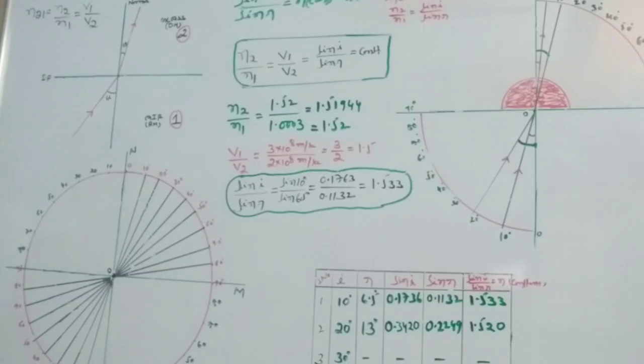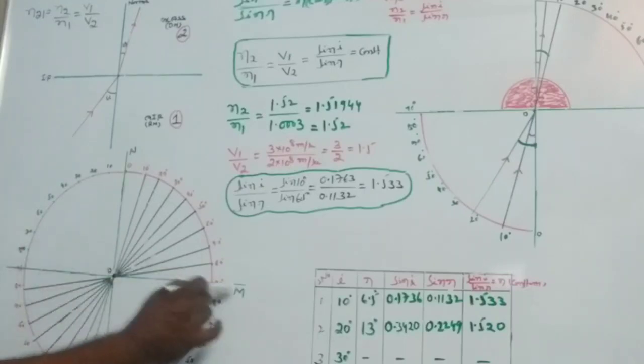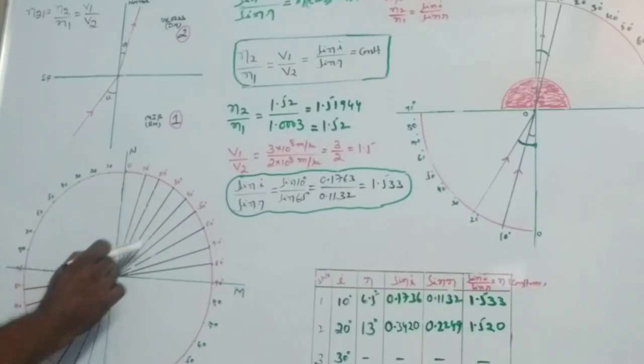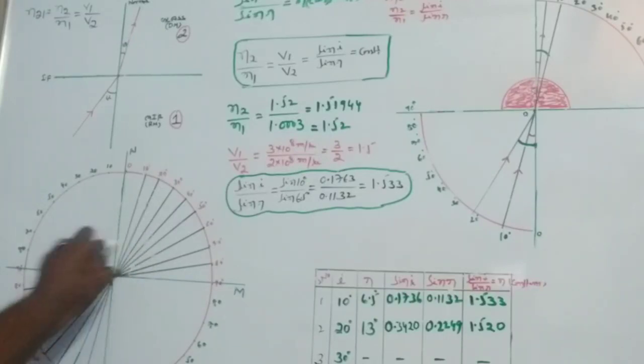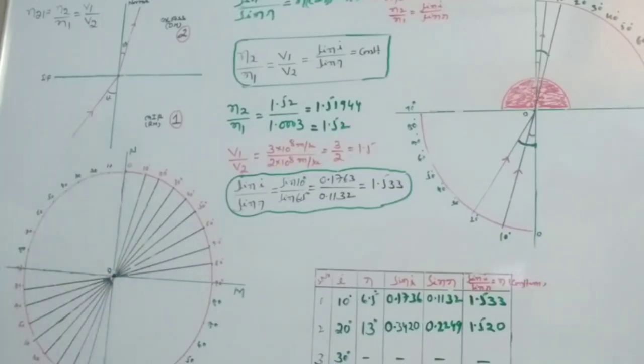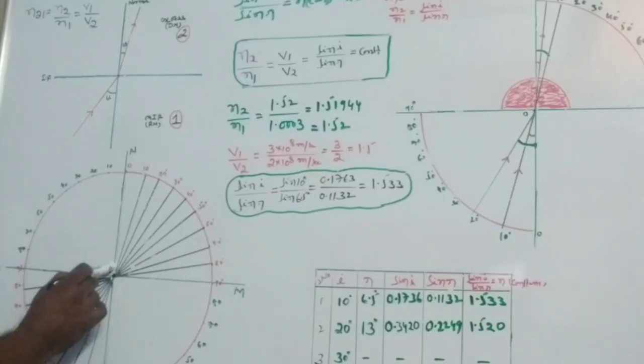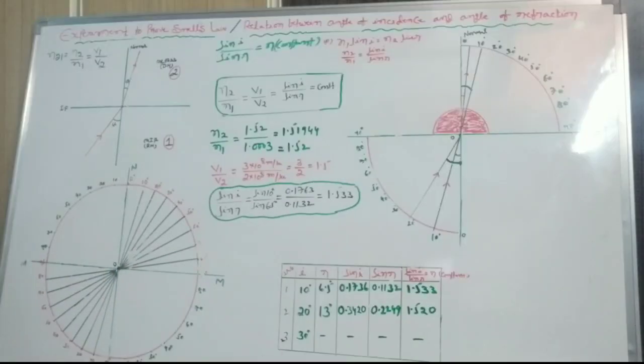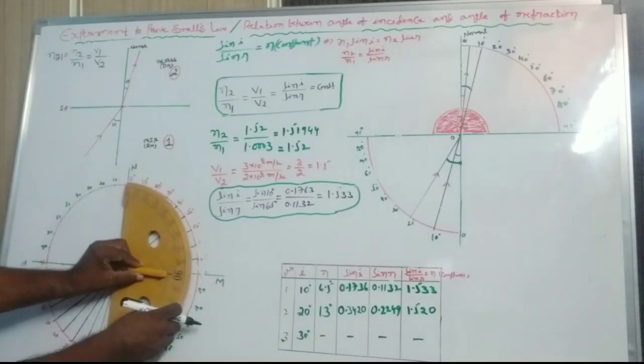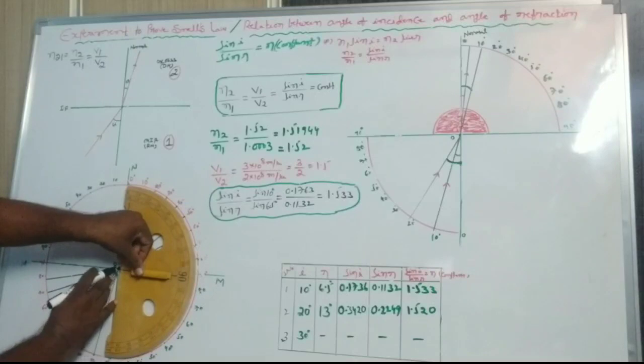MM represents the line drawn along the interface of two media, and NN represents the normal drawn to this line at O. Now take a protractor and place it along NN in such a way that its center coincides with O. See here, this is the protractor, and its center coincides with O.